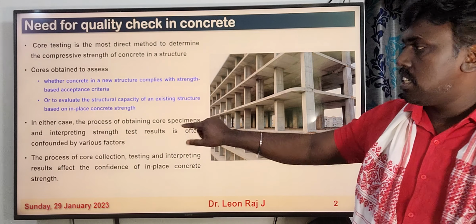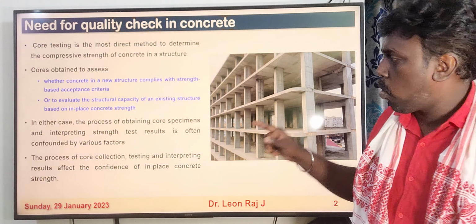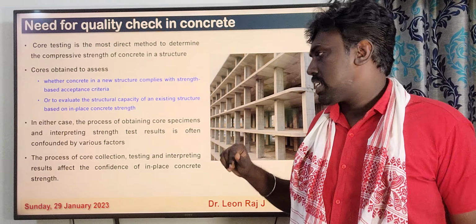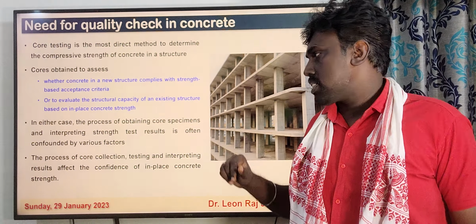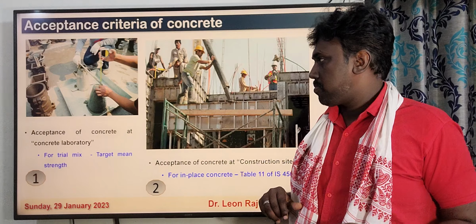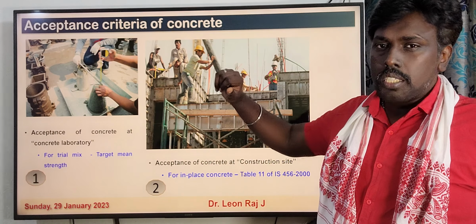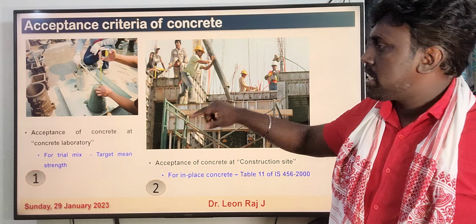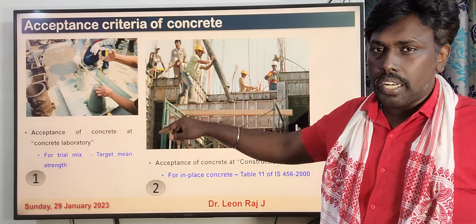In either case, the process of obtaining core specimens and interpreting strength results is often confounded by various factors. The process of core collection, testing, and interpreting results affects the confidence in the in-place concrete strength. The acceptance criterion of concrete at laboratory level is the target mean strength.